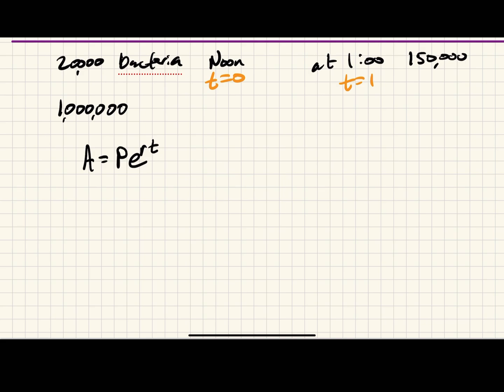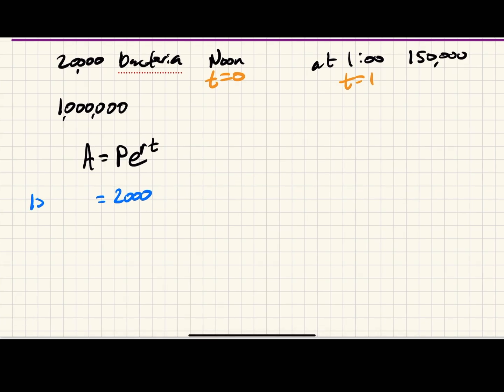So I'd have 20,000 here for P, and at 1 o'clock my future value is 150,000. And then we have E. Now, what we don't know is the growth rate. But we do know the amount of time that it took to get to 150,000. That was 1 hour.